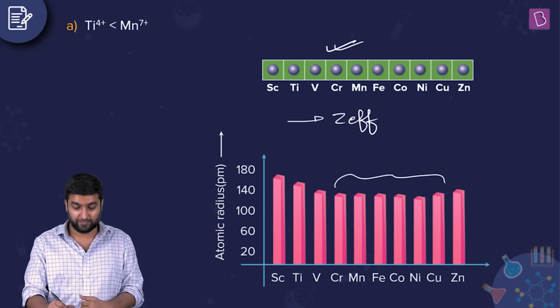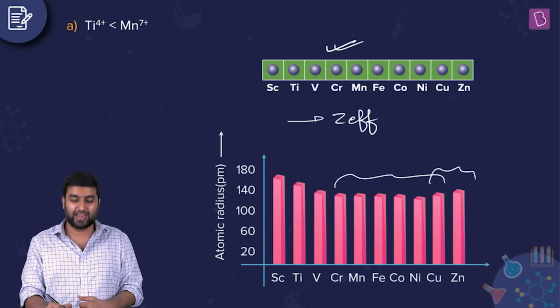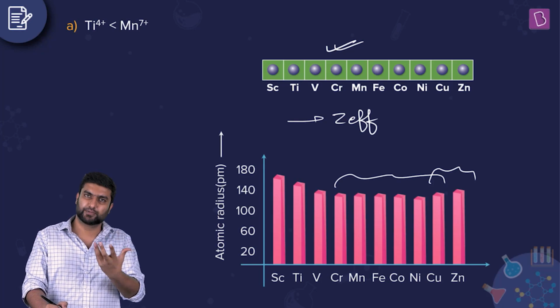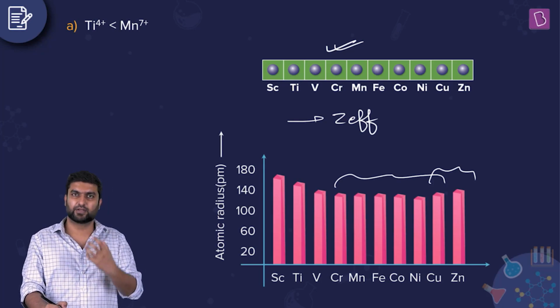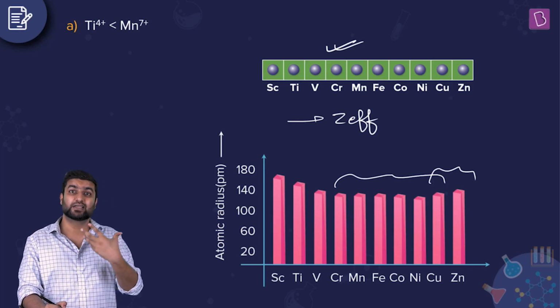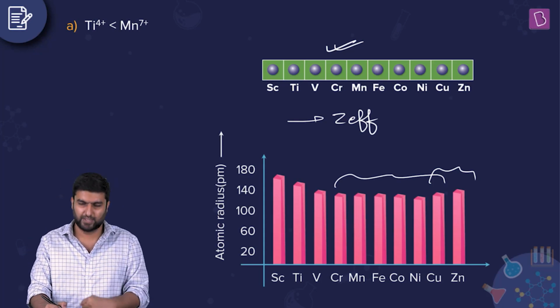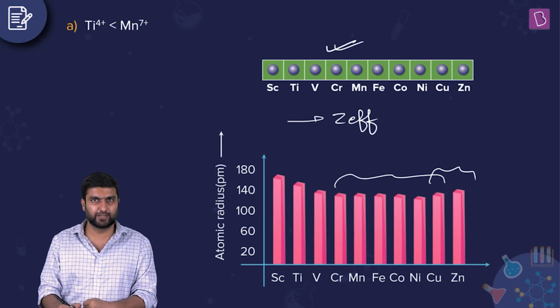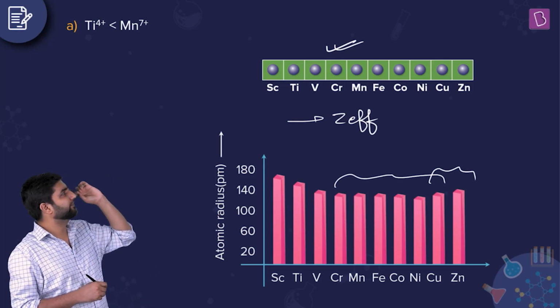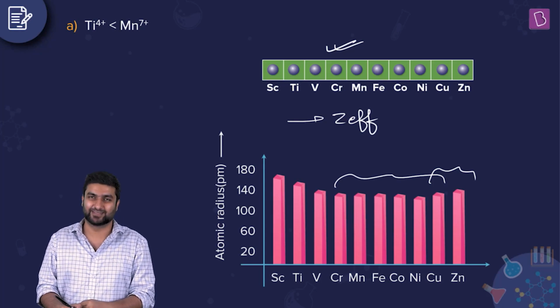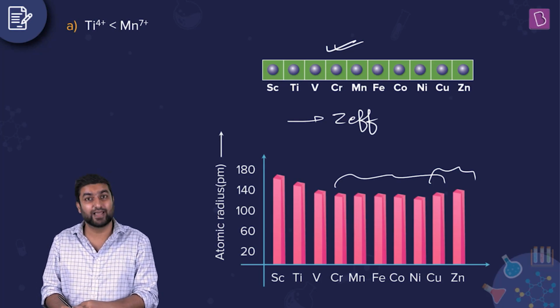Apart from that, towards the end, there is a slight increase because the repulsion because of the electrons overpowers the increase in effective nuclear charge. But we don't have to go into that much detail for solving the case of Ti4+ and Mn7+, right?